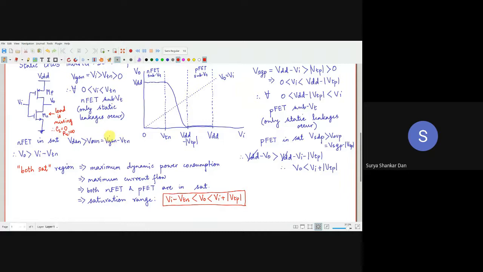What is this VDSN? VDSN from here to here. So VDSN will be equal to VO. Correct? Then what is the VGSN? From here to here, that is equal to Vi, minus Vtn. So now what is the equation? Vo equal to Vi minus Vtn.